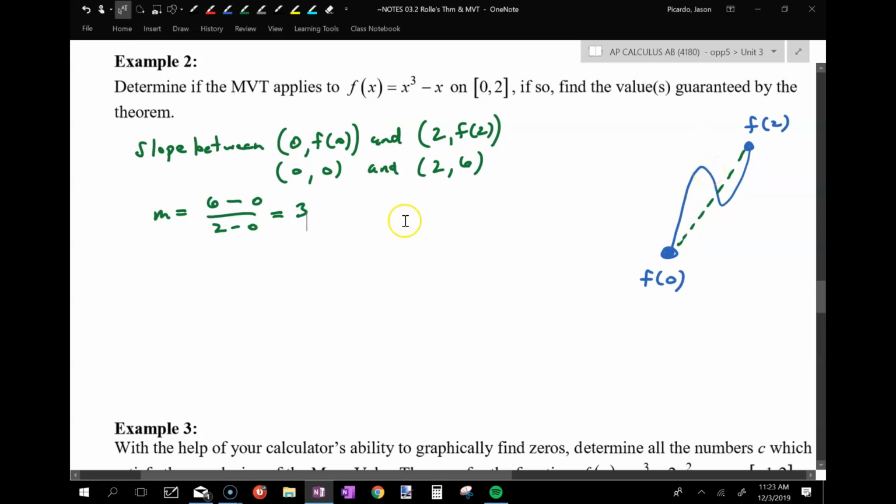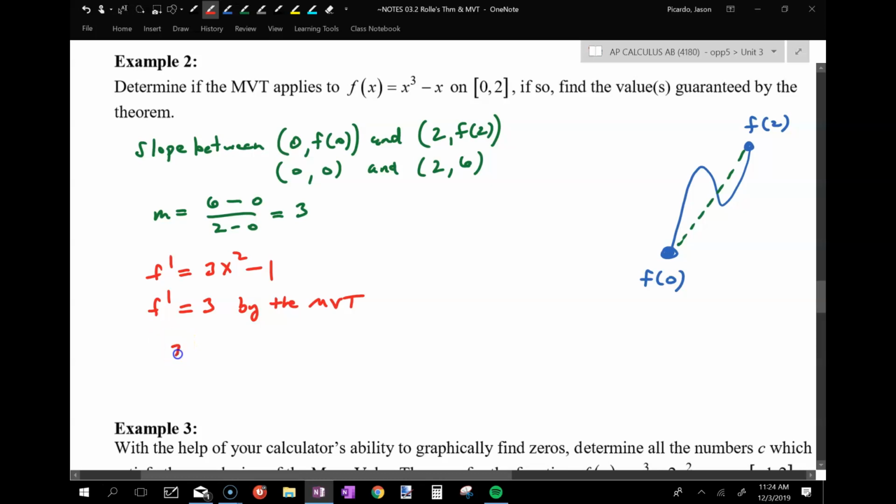Okay, so let's take our derivative. Our derivative's 3x squared minus 1. And the mean value theorem says that somewhere the derivative has to equal 3. Right? The derivative has to equal 3 by the mean value theorem.